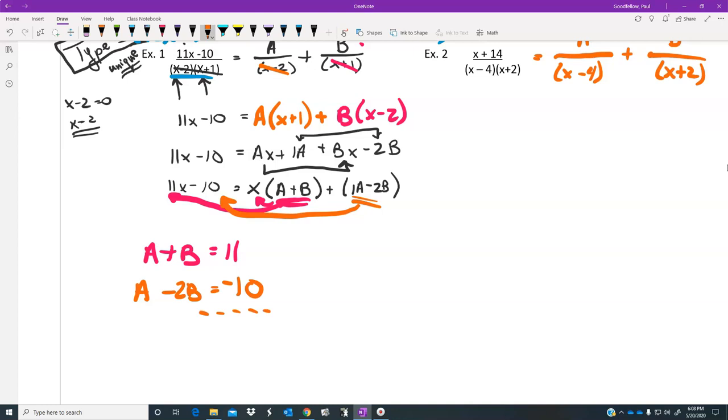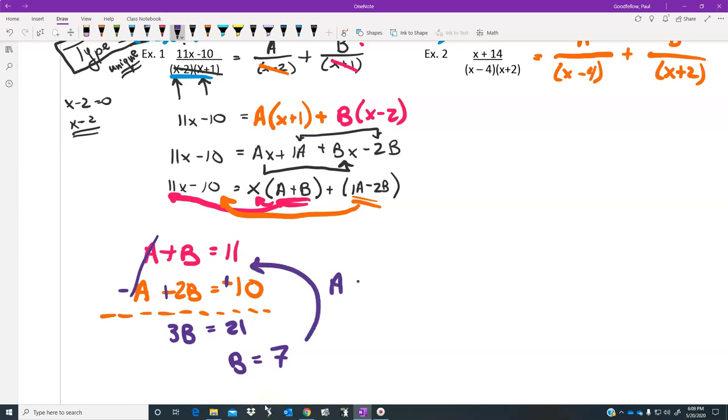I'm going to multiply the bottom row by a negative all the way through it, and I'll add the columns together and end up with 3b is equal to 21, and ultimately that b is equal to 7. Now, I could recycle this idea back inside here and also come up that a happens to be 4, and these two individual values are incredibly important in helping us write the final partial fraction decomposition.